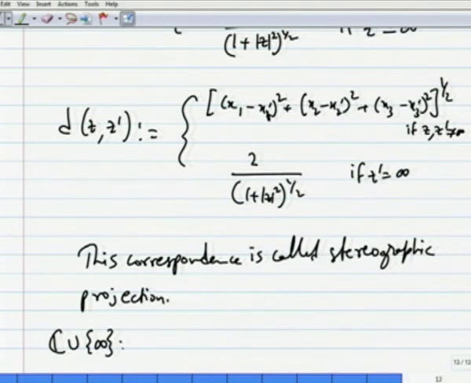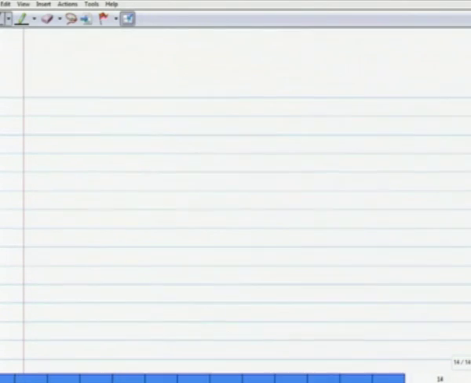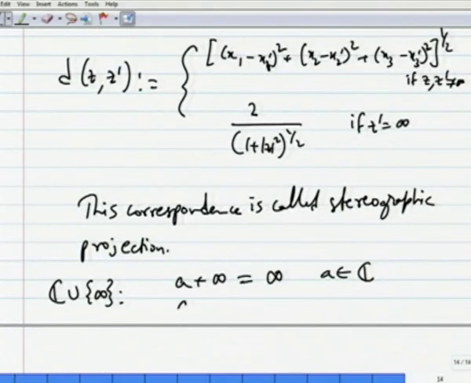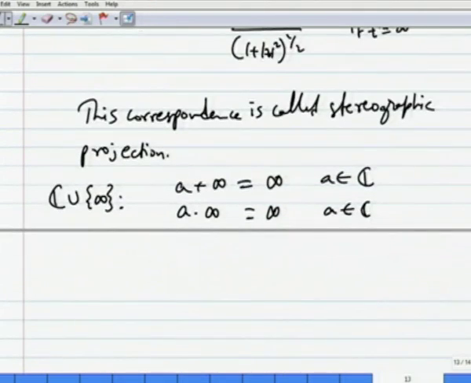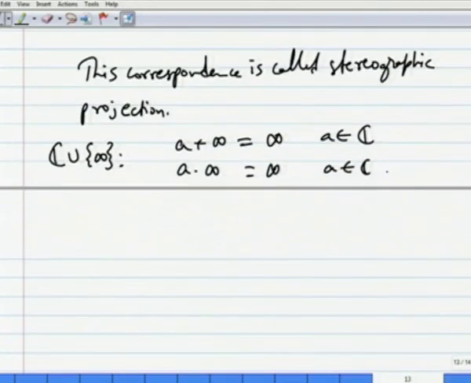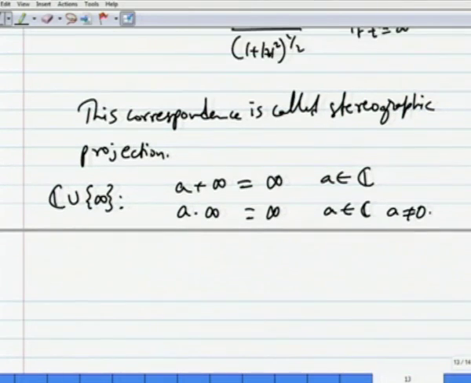So, a plus infinity is equal to infinity for a belongs to C, and a times infinity is infinity, a belongs to C, a not equal to 0. We do not define 0 times infinity.